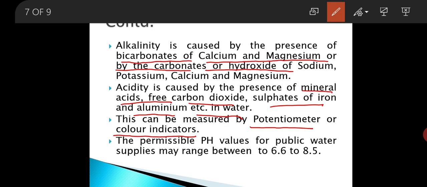So the lower value of pH, that means acidic water, may cause tuberculation and corrosion, while the higher values of pH, that means alkaline water, may produce incrustation and sediment deposits, etc. However, the permissible pH value for public supply is limited to a range from 6.6 to 8.5. So this is all about the pH value of water.